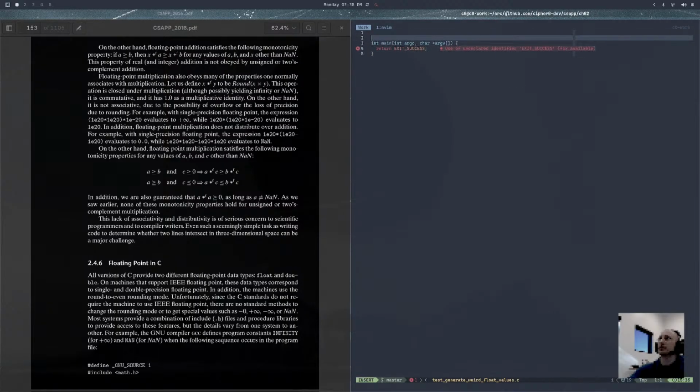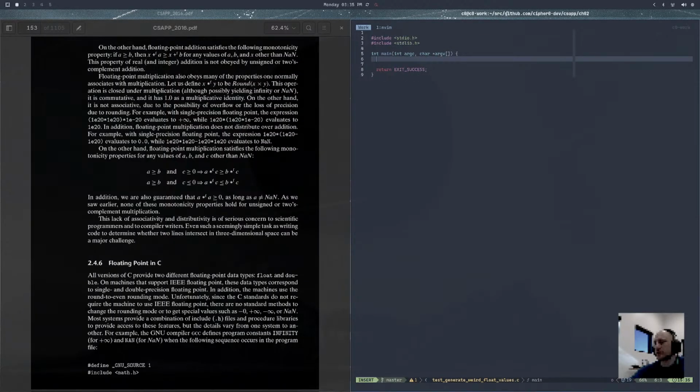So let's just do some includes here: standard io.h and standard lib. And then in here, let's take a 32-bit integer. So say we have an unsigned int, which should be 32 bits, and we initialize that to 0x and then 8 zeros, so that's 1 byte, 2, 3, 4.